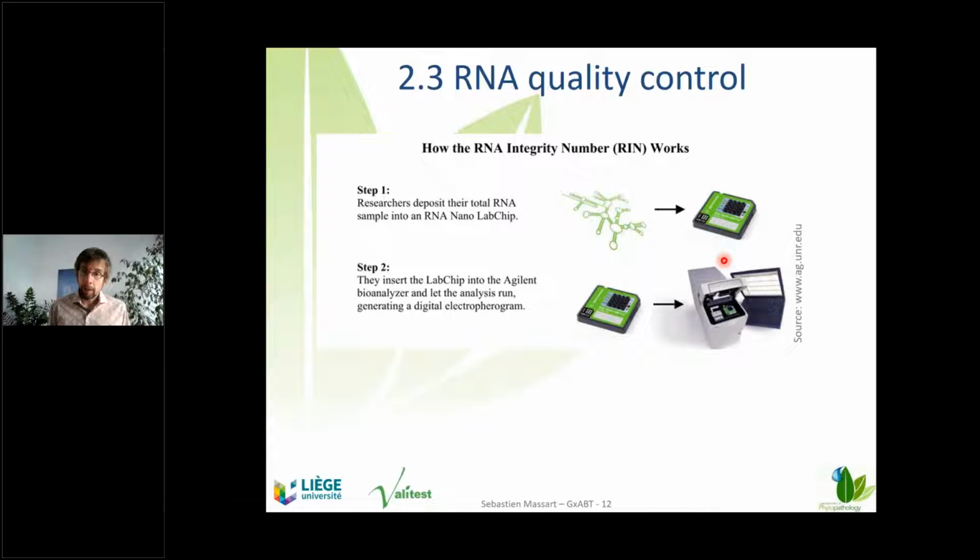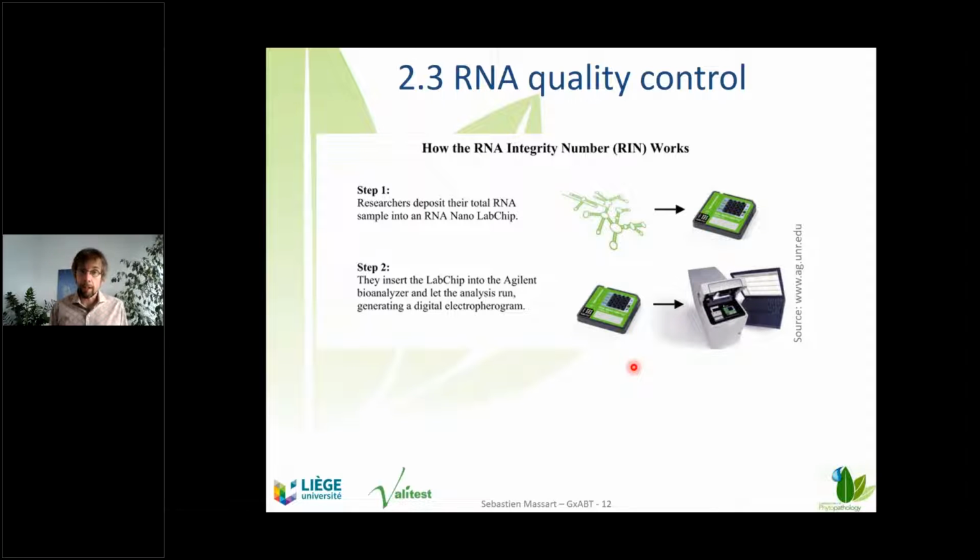A technology which is used by nearly all sequencing facilities is called a bioanalyzer, from the company Agilent. You see here the chip with 16 wells, and you will put one RNA in each of the wells. There is also a control. The idea is basically to make a chromatography, a migration of your extract depending on the size.